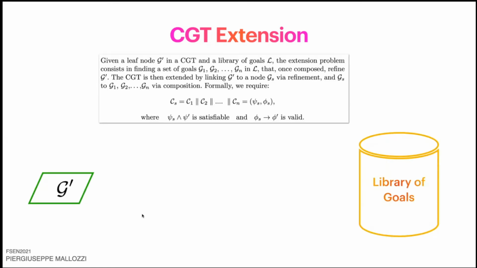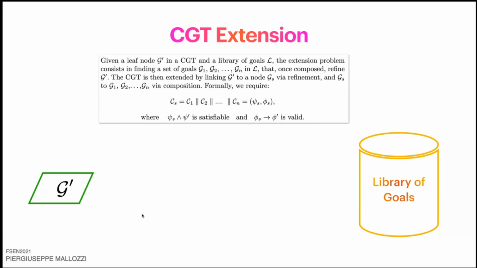Formally, given a goal of the tree that you're building, usually a leaf node, because we want to attach a set of goals which refine it, so they go below, and given the library of goals, you want to search the library for a set of goals that, once composed together, refine the goal that you have specified.